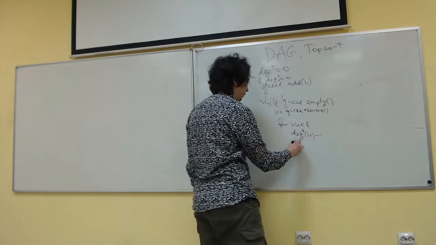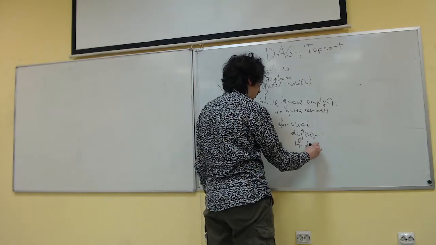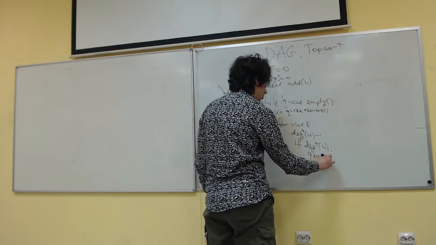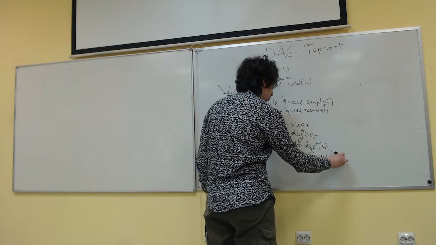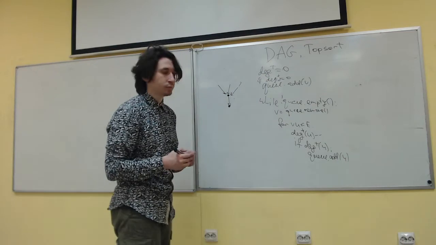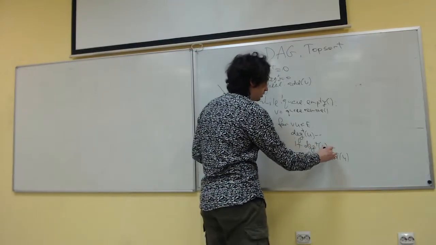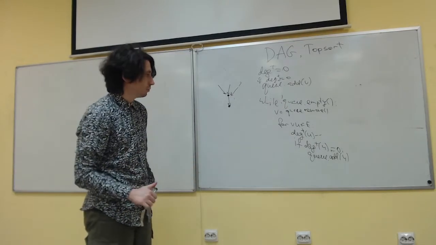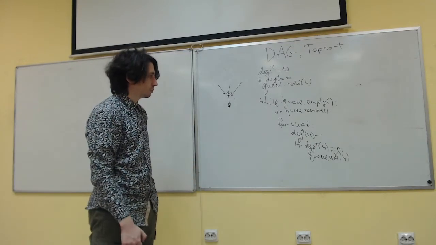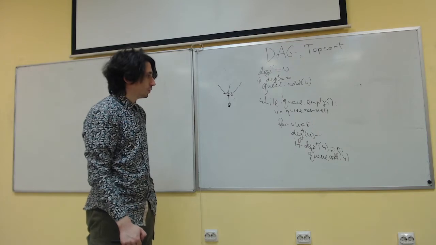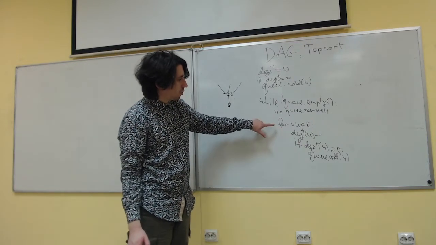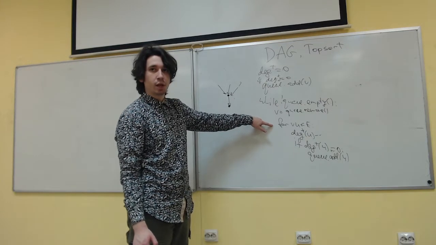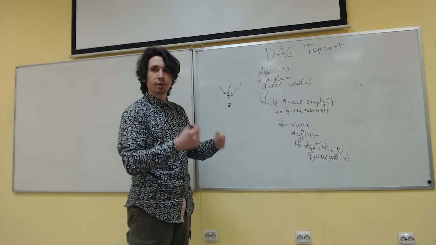And then if in-degree of U equals 0, then Q dot add U. So we just simply iterate over all the edges of the vertex and remove this vertex from consideration.